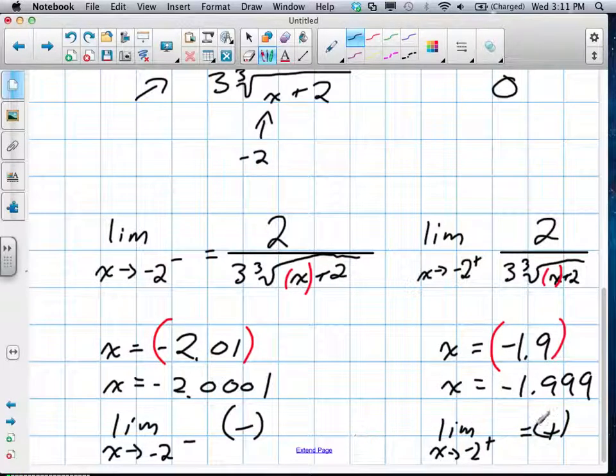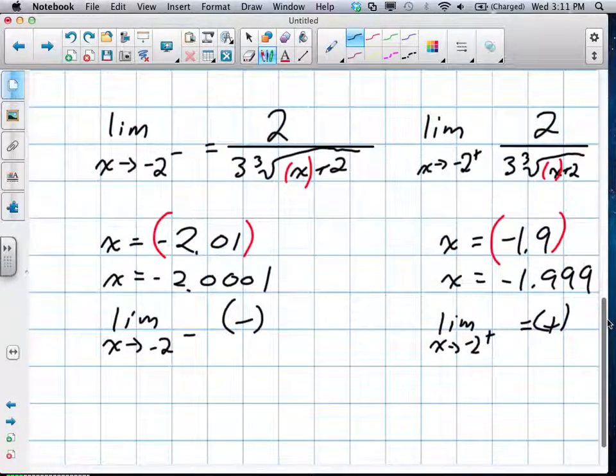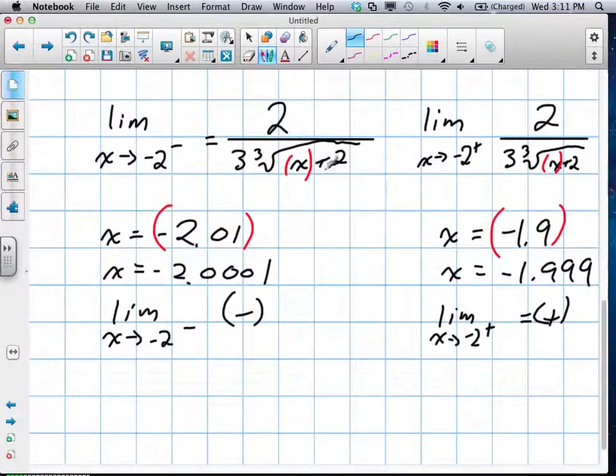In this case, we were coming up towards a number like negative 30. And in this case, we were coming towards a number like positive 30. Which means at the point -2 on the graph, these are not the same point. One is far away from the other one.